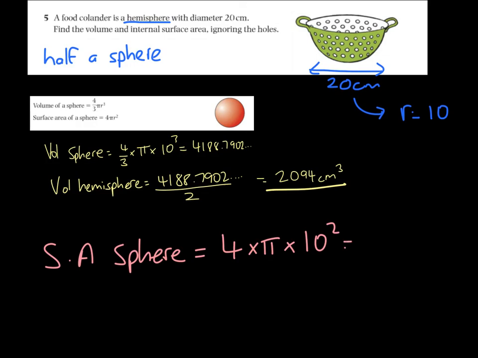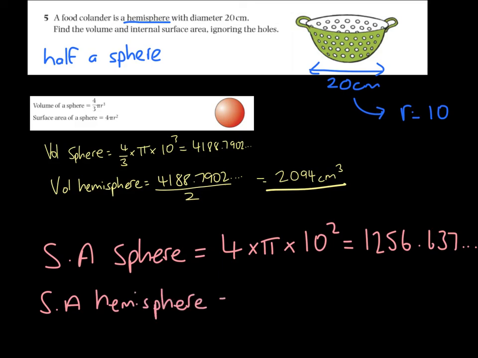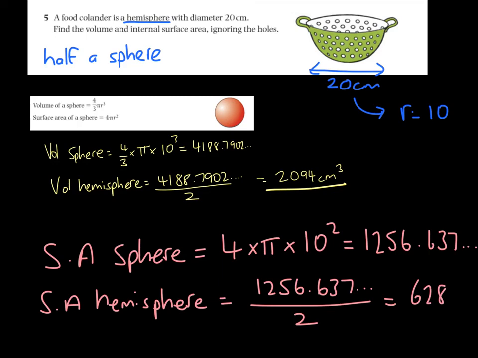That gives us an answer of 1256.637... So my surface area of that hemisphere is just going to be 1256.637... divided by 2, so my answer is 628 centimeters squared. Again, I've rounded that to the nearest whole number.